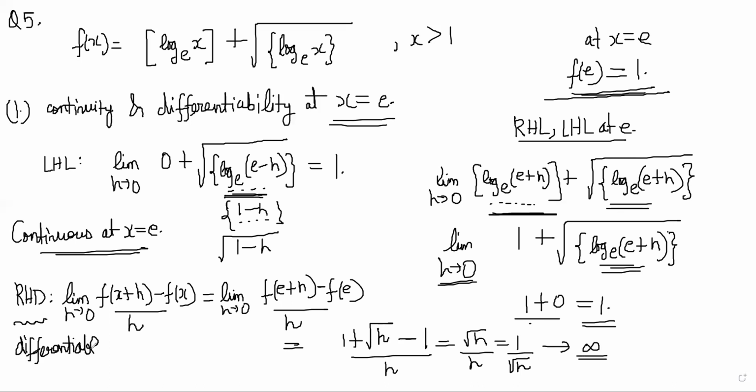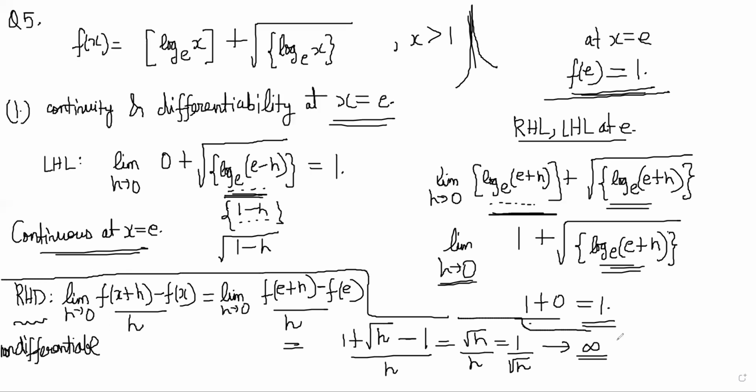Non-differentiable, because you remember when this type of function happens, when the slope is infinite, that is a sharp turn. That is not a differentiable function. Whenever slope becomes infinite, that is not differentiable. The slope has to be finite and equal.